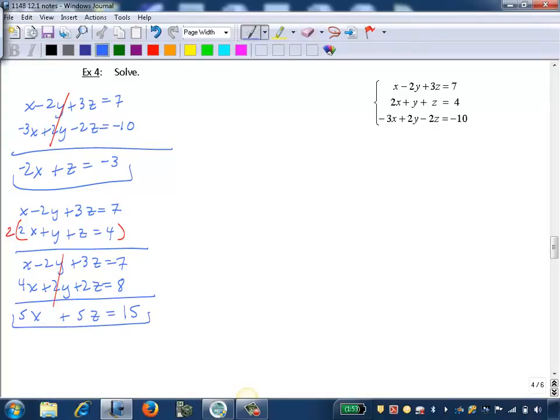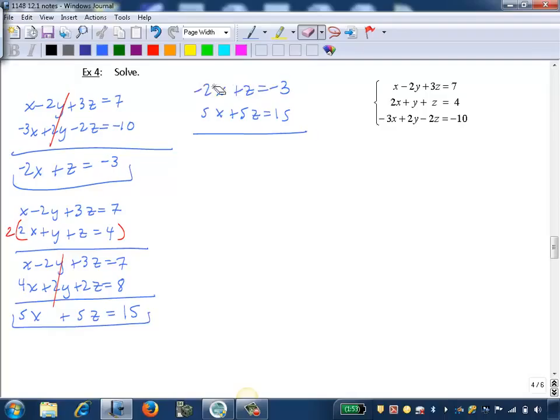So I'm going to use elimination, since we're using the elimination method here with the 3 variables. So I've got -2x plus z equals -3, and then 5x plus 5z equals 15. So now if I want to eliminate, it looks like it would be easiest to eliminate the z's here, since there's no coefficient on the z.